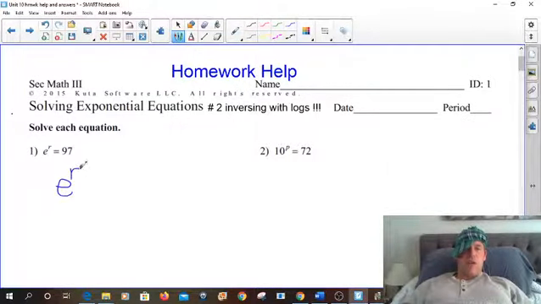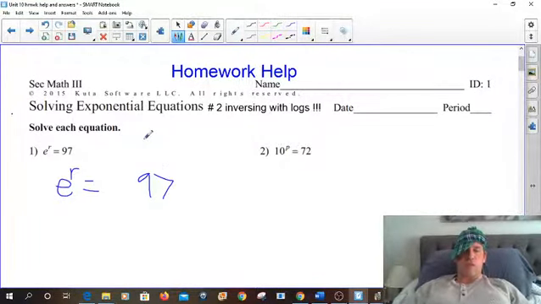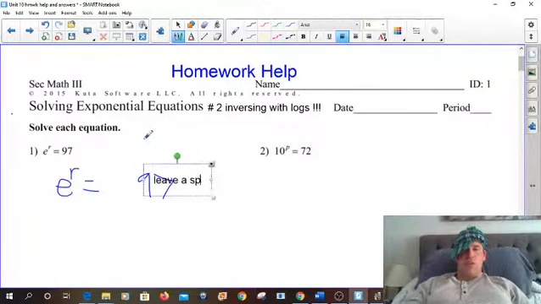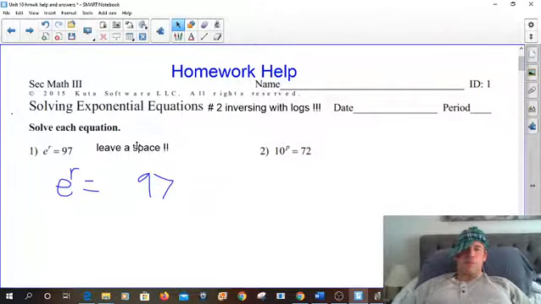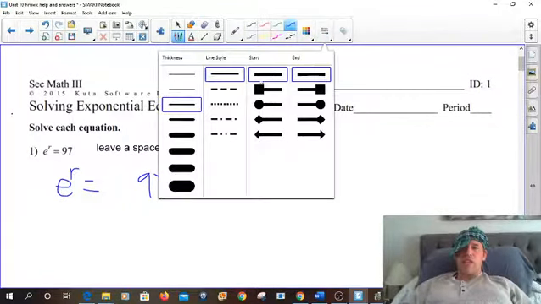Okay, so we have e to the r power equals, leave a space. Should we write that down as some notes? So leave a space. Awesome, there we go. Now let's use a different color.